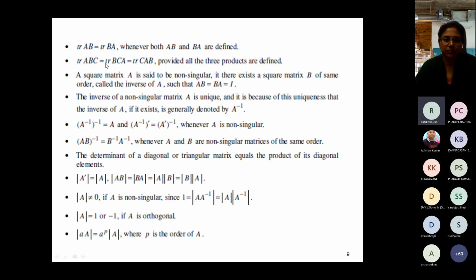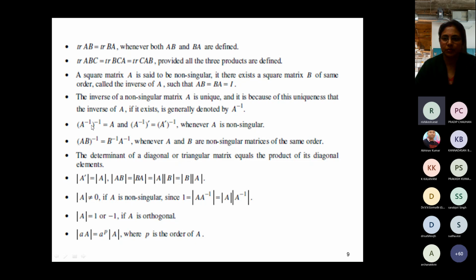A square matrix A is said to be non-singular if there exists a square matrix B of the same order, called the inverse of A, such that AB = BA = I. That means if A is a non-singular matrix and its inverse is B, then AB equals BA equals identity. The inverse of a non-singular matrix is unique, and it is because of this uniqueness that the inverse of A, if it exists, is generally denoted by A inverse.